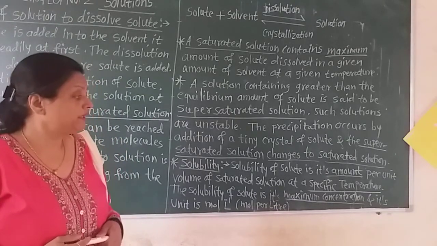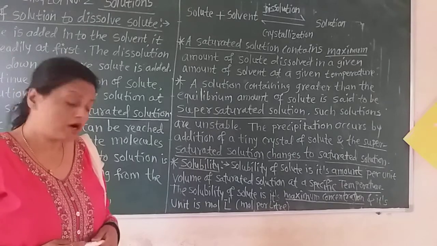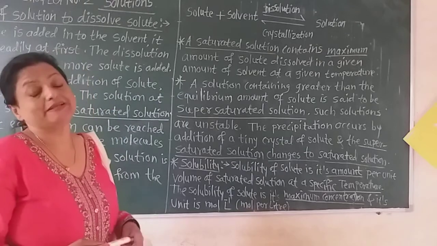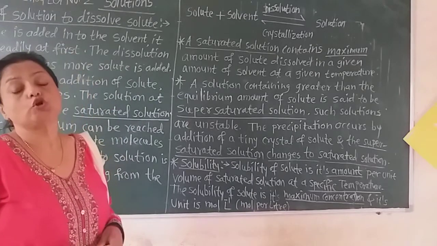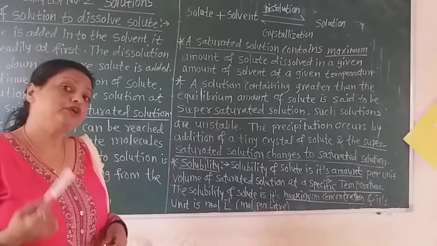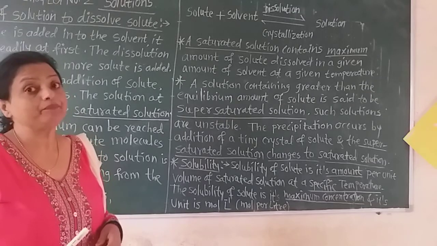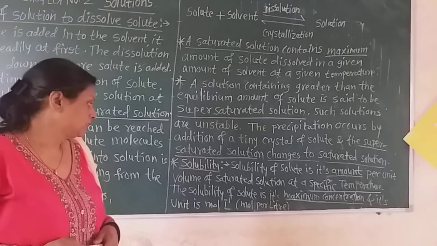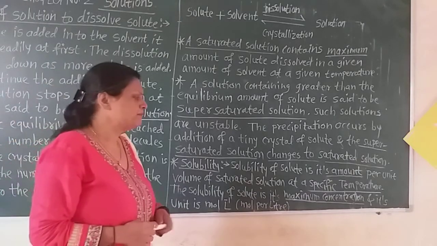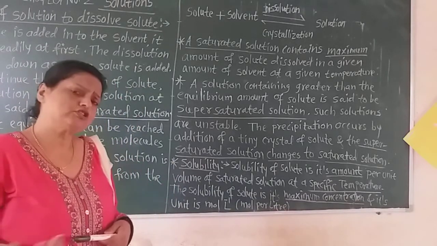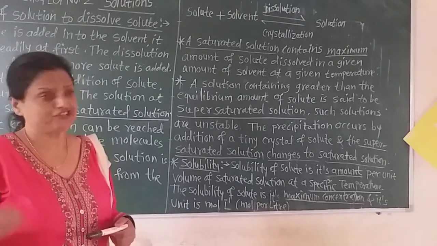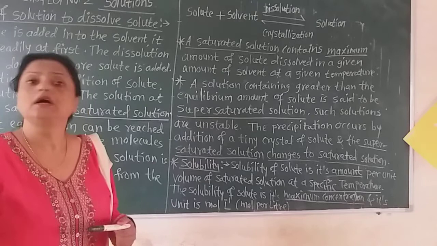The amount of the solute present per unit volume of the saturated solution at a specific temperature is called its solubility. The solubility of the solute is always its maximum concentration in the given amount of the solvent.